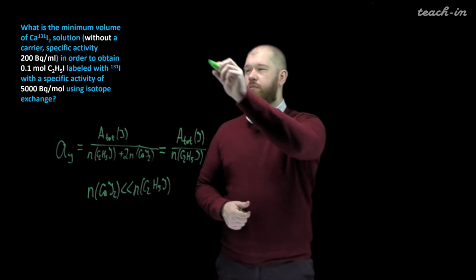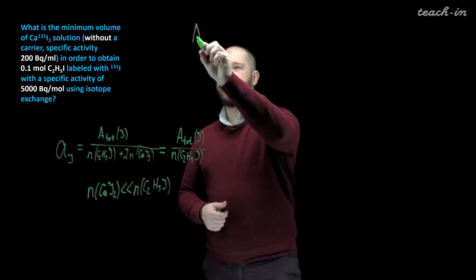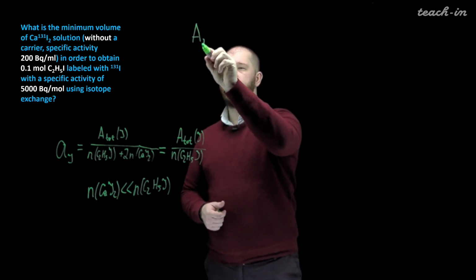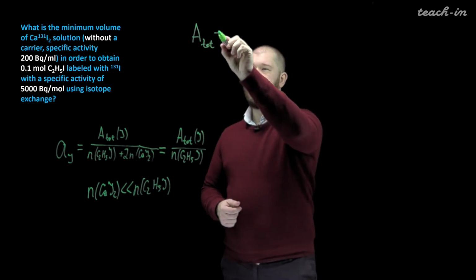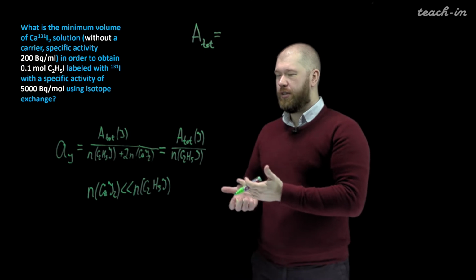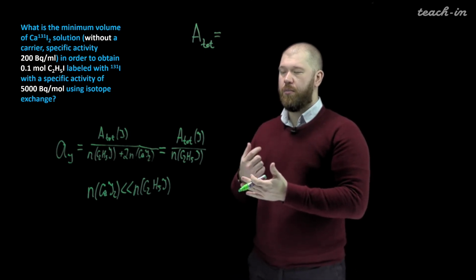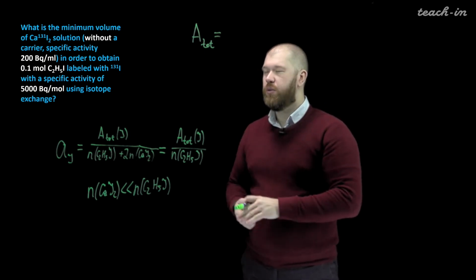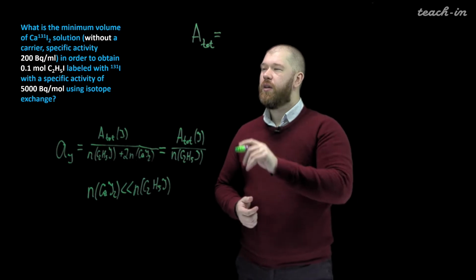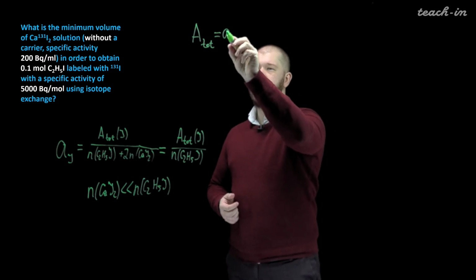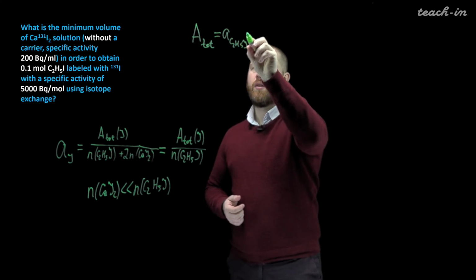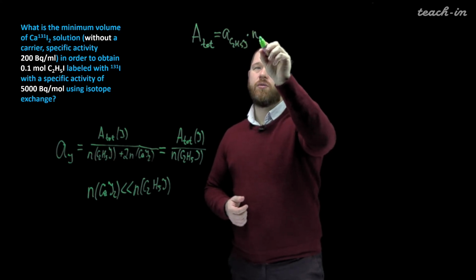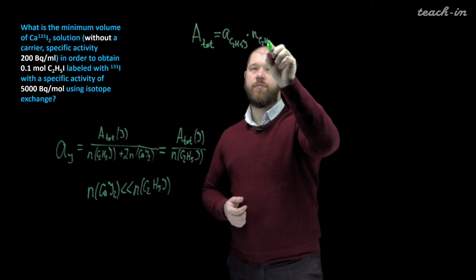So this task will be solved quite easily. The total activity that we should add to the system, because all the activity will go to the ethyl iodide, will be equal to the specific activity of ethyl iodide multiplied by the amount of ethyl iodide.